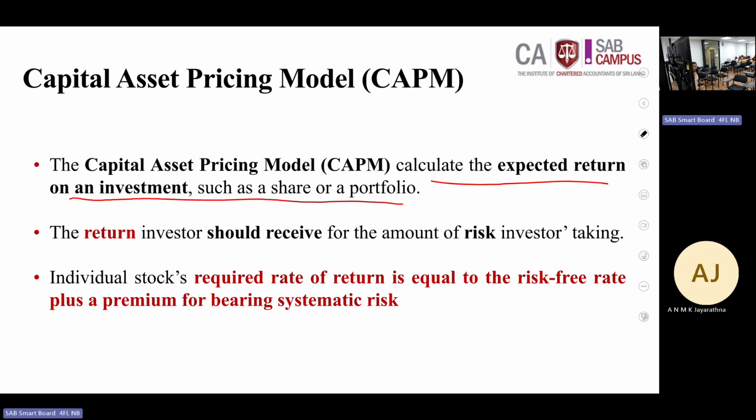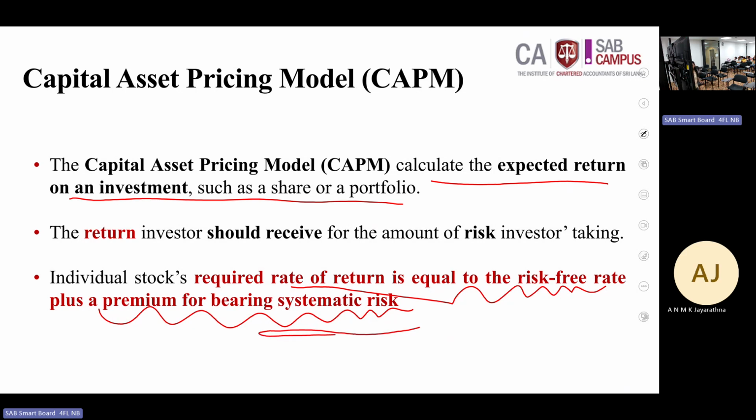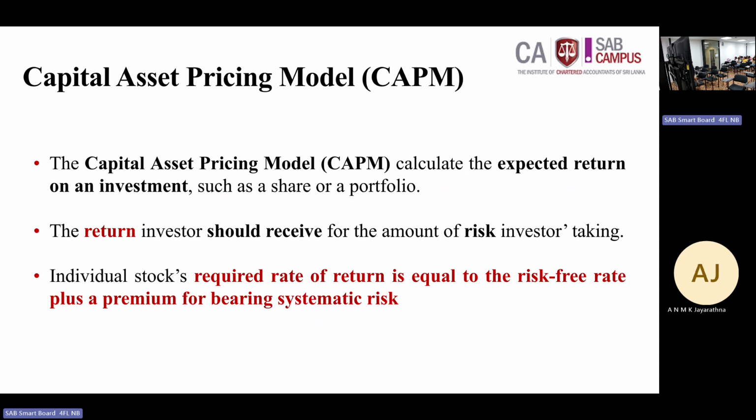See here, individual stocks require a rate of return equal to the risk-free rate plus a premium for bearing systematic risk, right? That is why I discussed systematic risk in the previous slide. Then we look at the other formula.